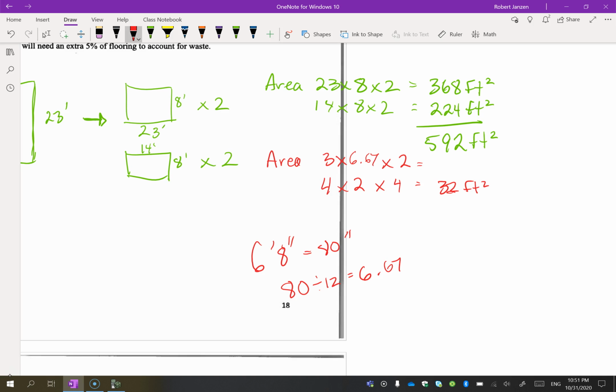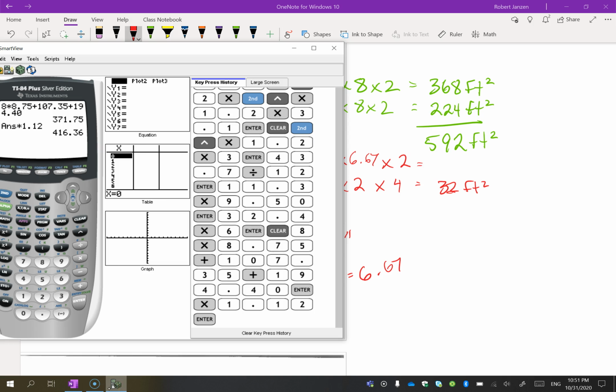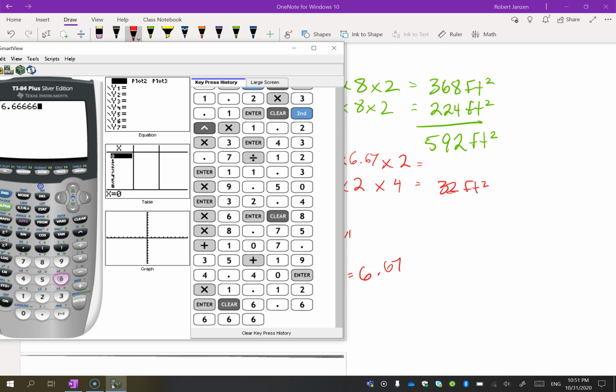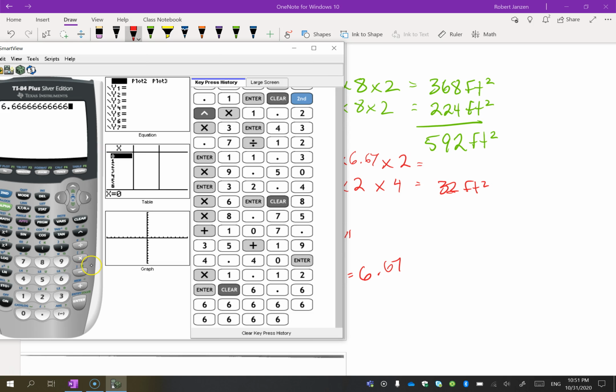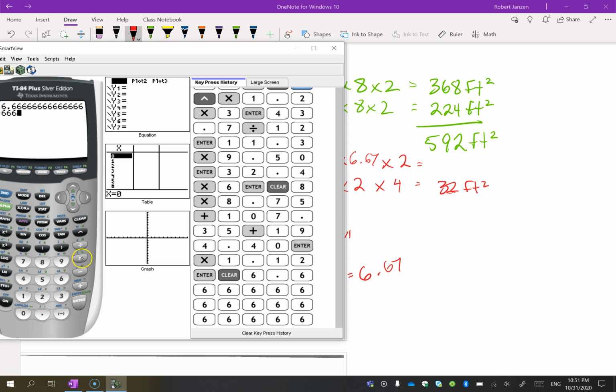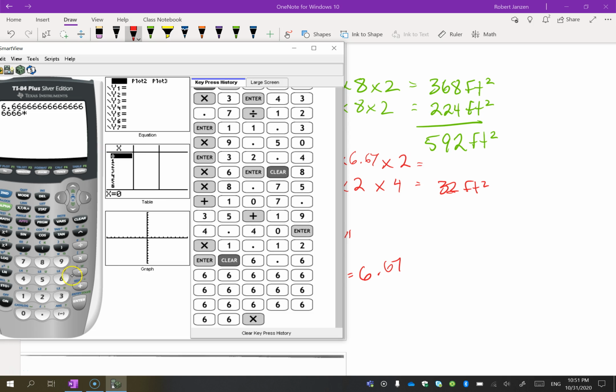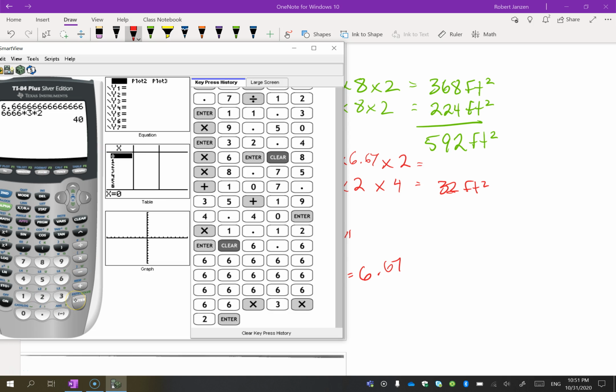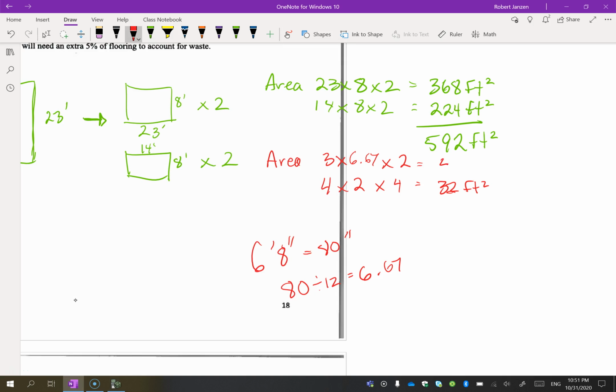Now, if you can on your calculator, or if you can leave it as 6.66666, repeating, that would be better. But let's multiply that. Okay, so we're going to get 6 point 0.666666, do a whole bunch of them. Okay, times 3 times 2 equals 40 feet squared.